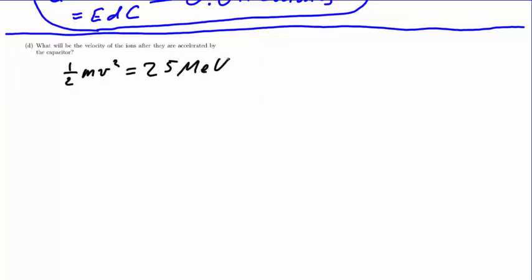Once again, we see we have a mixture of units. Joules are coulombs times volts, but an alternative energy scale is to take the charge of the electron times volts. Here we have a mixture in that the mass was given in kilograms and the energy was given in eV. This time the problem will be easiest to approach by converting everything to MKS, in which case we need to eliminate the e and replace it with coulombs.